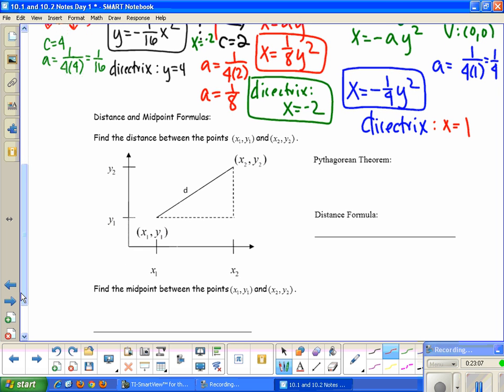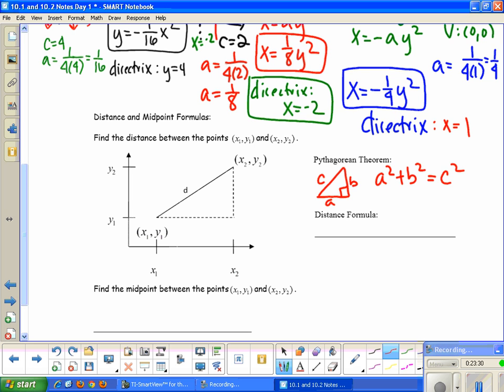Now, there are some more formulas that we need to talk about, distance and midpoint formulas. Recall that if we had a right triangle with sides A, B, and C, and we wanted to solve for one of the sides, we use the Pythagorean Theorem, which states that a squared plus b squared equals c squared.